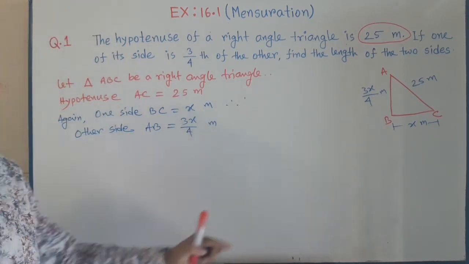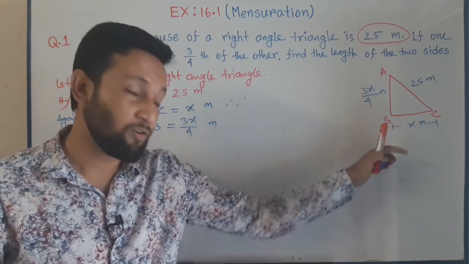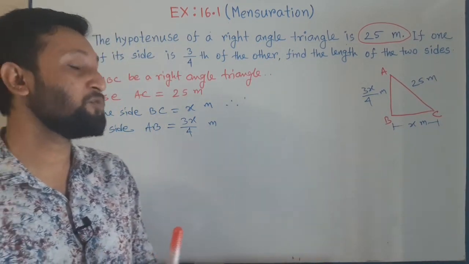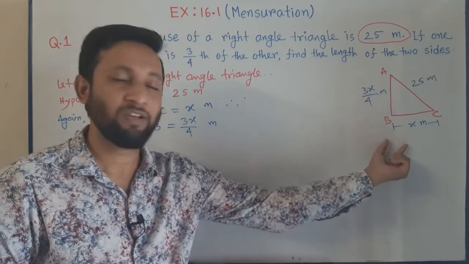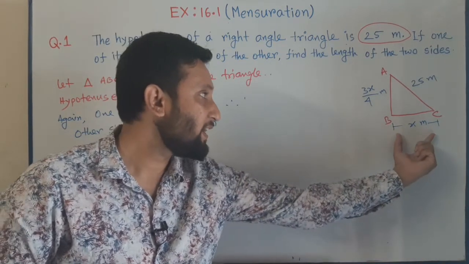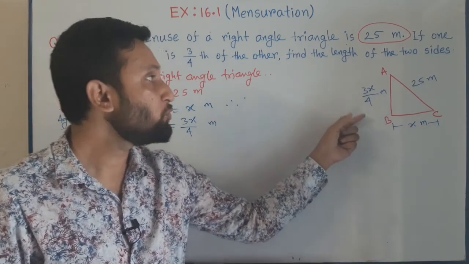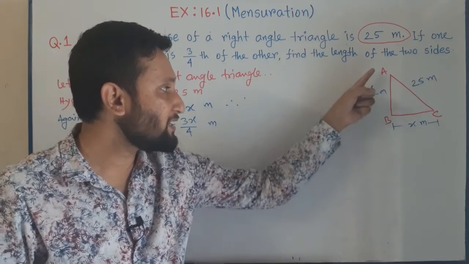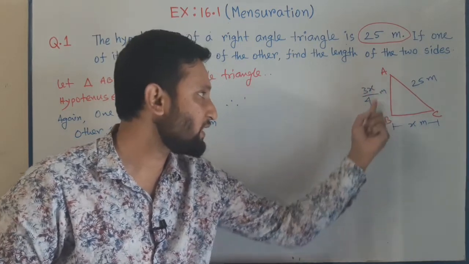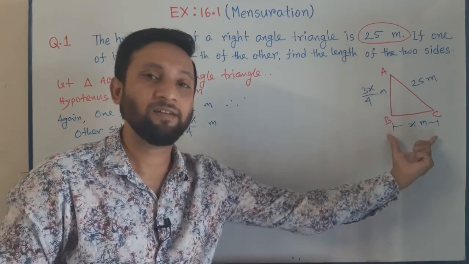Now we can use the Pythagoras theorem. By using the Pythagoras theorem we can easily find the value of x. So x is one side and the other side is 3x/4. We have to identify the side lengths of AB and BC.